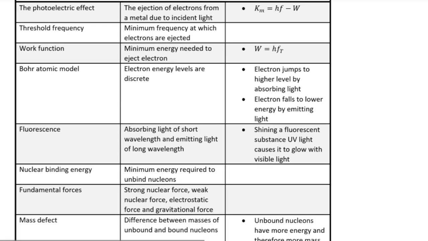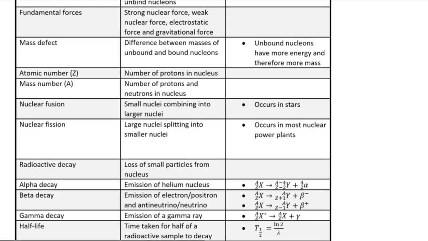I then briefly described the four fundamental forces, describing how strong each is relative to the others. I also stated that there is a difference between the sum of the masses of the constituent particles within a nucleus and the mass of the nucleus itself. This is known as mass defect.